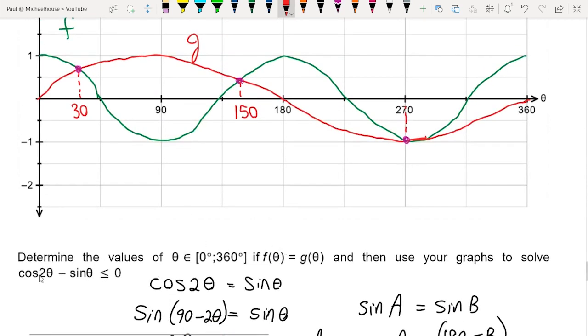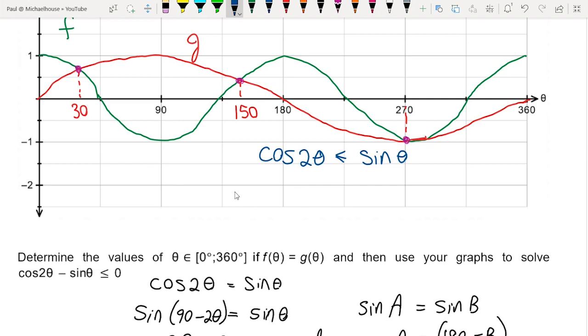The question then asked, where is cos 2 theta minus sine theta less than or equal to 0? If I add sine theta to both sides, I'm saying where is cos 2 theta less than or equal to sine theta? Remember, the cos graph is the red graph, the sine graph is the green graph. We're asking where is the red graph below the green graph on this domain?